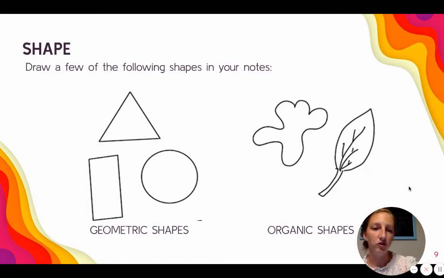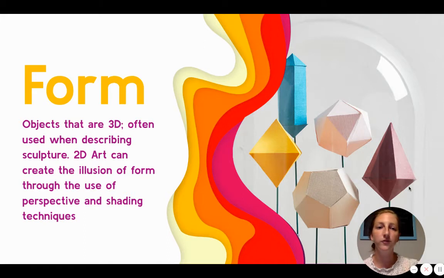Following shape is form, the 3D version of shape. So they have depth, length, and height, whereas shape only has length and width. 2D art can create the illusion of form using perspective and shading techniques.